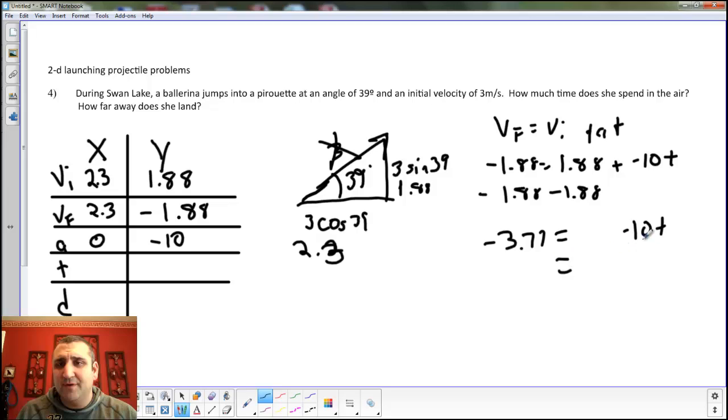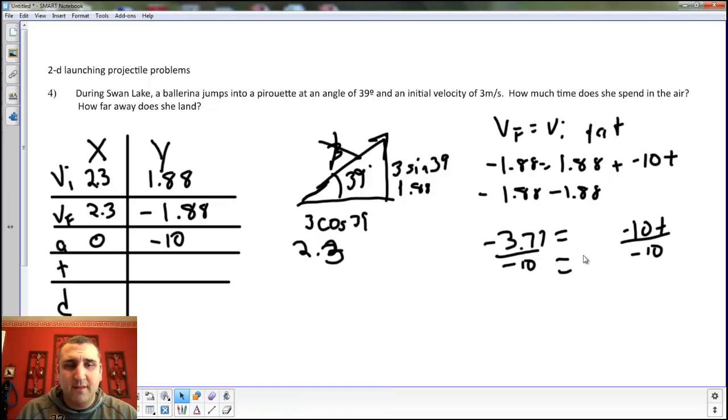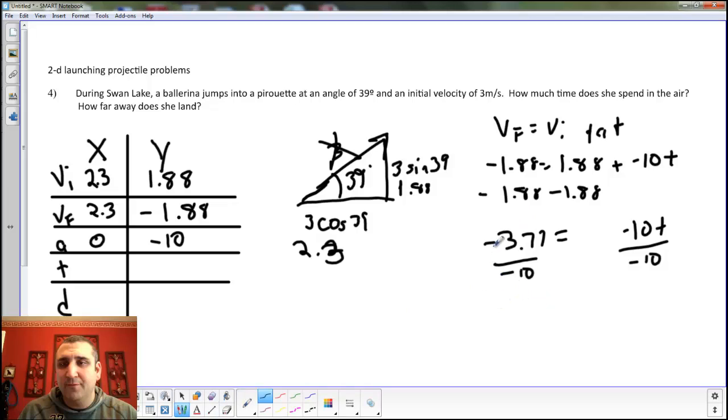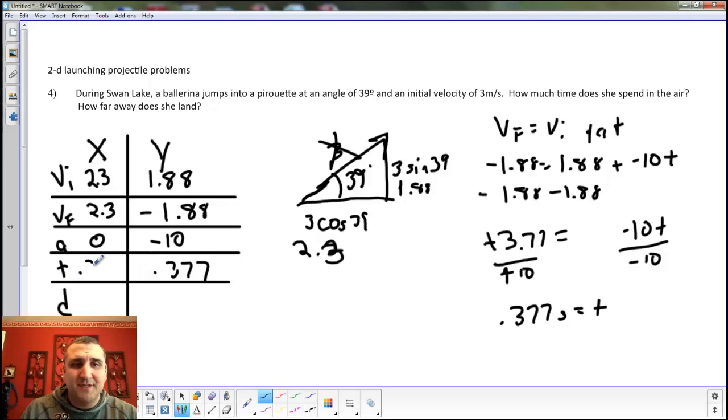I'm just running out of room. You should end up with the negatives canceling out. 3.77 divided by 10 is 0.377 seconds equals time. So that's 0.377, which means t is going to be 0.377. So there's your time.